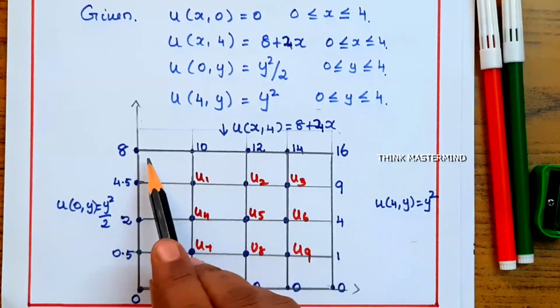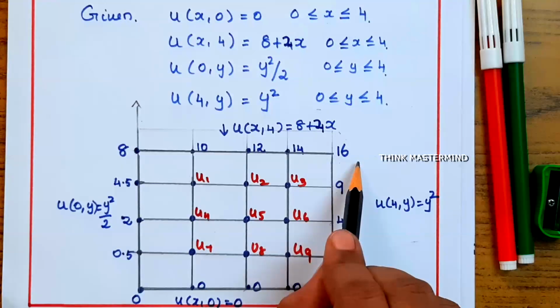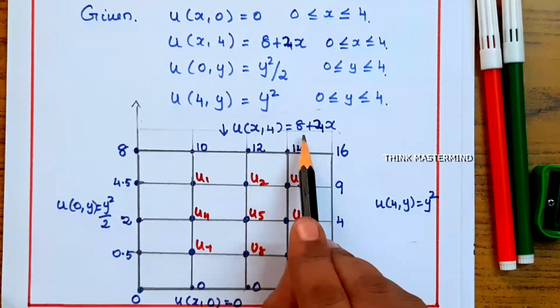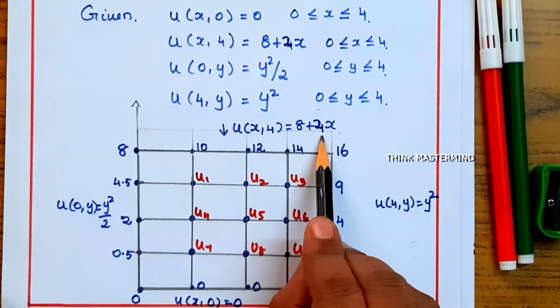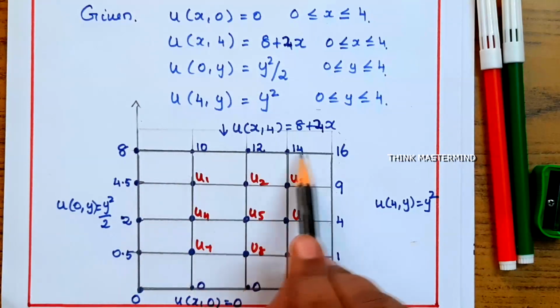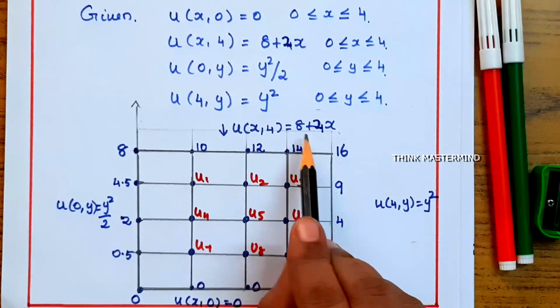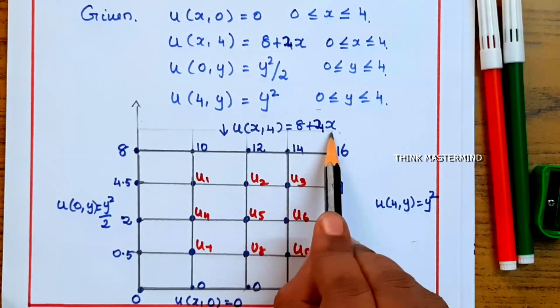The remaining one is y is equal to 4, with different values of x, that is u of x, 4 is equal to 8 plus 2x. Now here it represents y is equal to 4 and different values of x, the given function is 8 plus 2x.